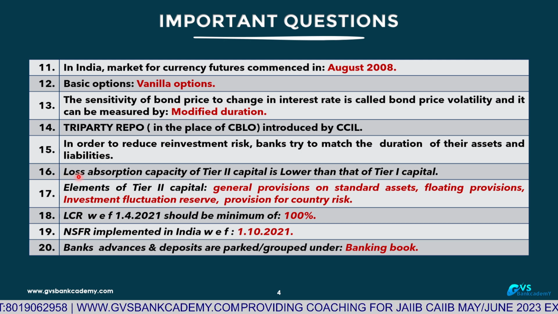16. Loss absorption capacity of Tier 2 capital bonds is lower than that of Tier 1 capital.